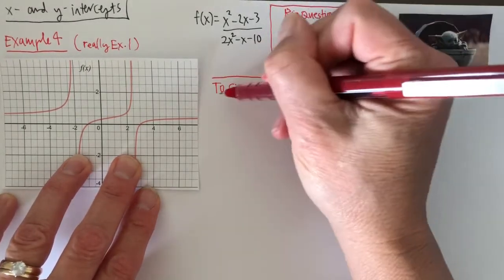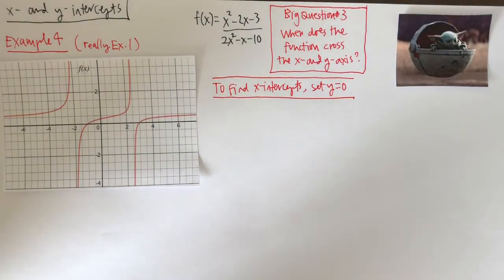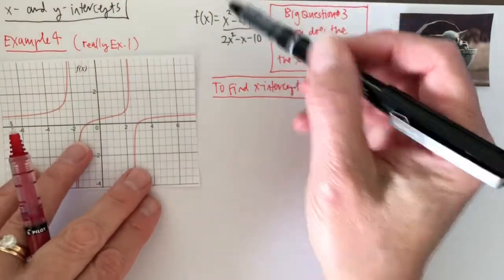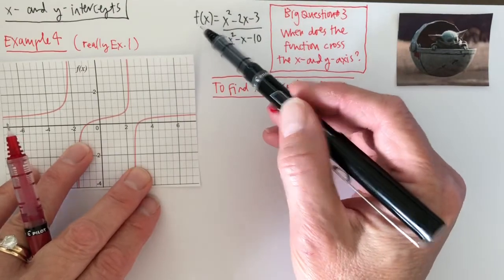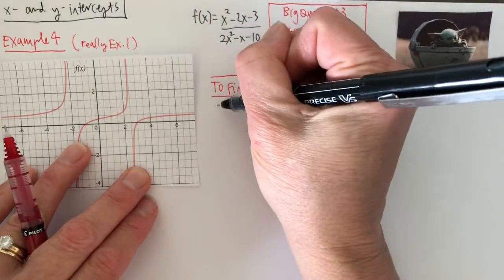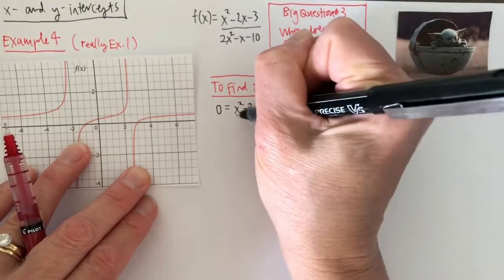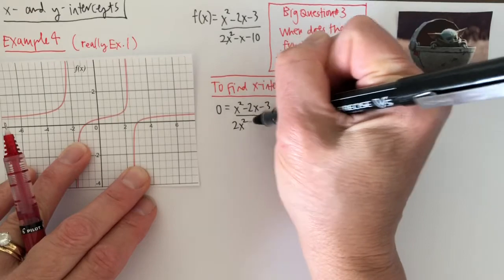This is something you've probably seen before. There's no y here, but f of x, the name of the function, is acting like the y value. So we set that equal to 0, and we're going to solve this equation.